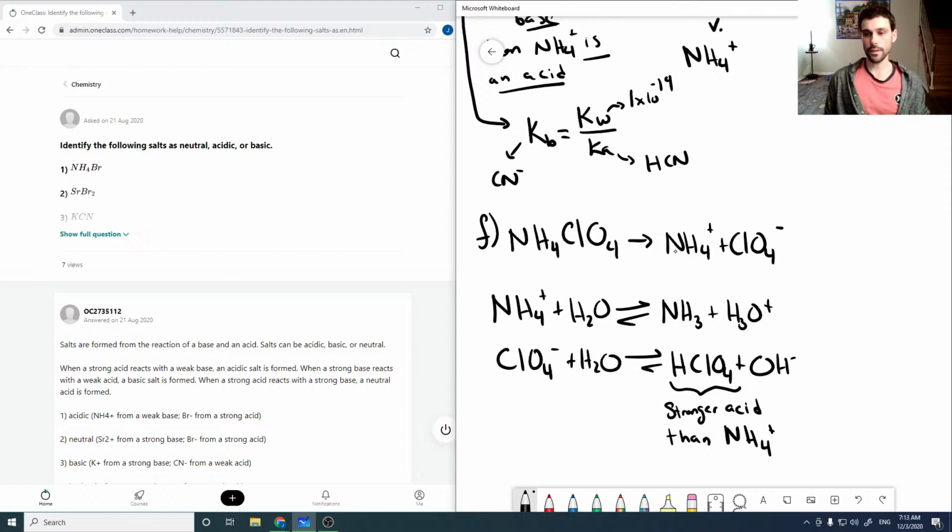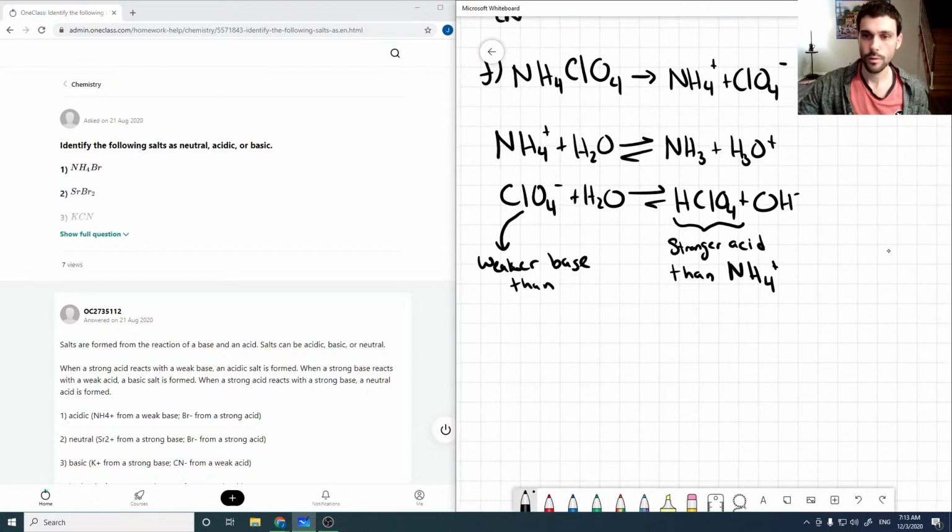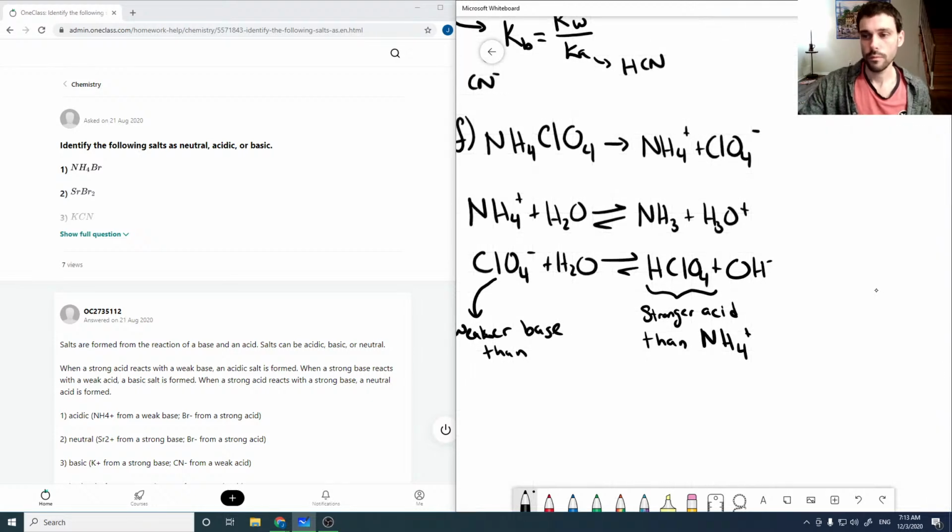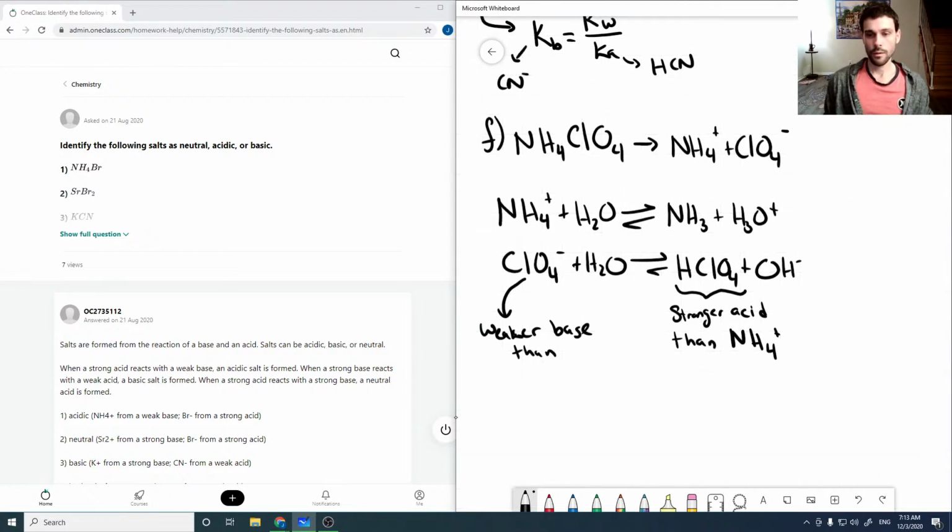So it's very likely that this bond in this molecule is very weak. And so this species is going to be a stronger acid than NH4 plus, meaning that this species is a weaker base than NH4 plus is an acid.